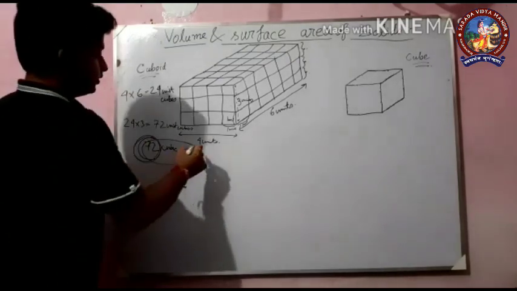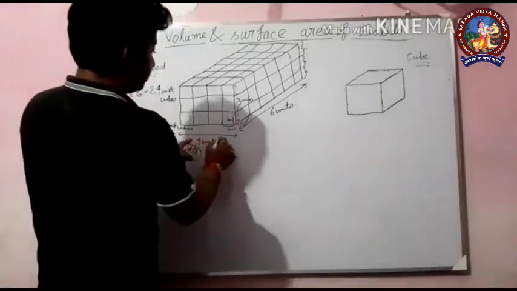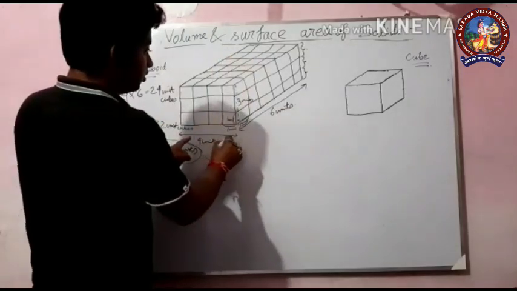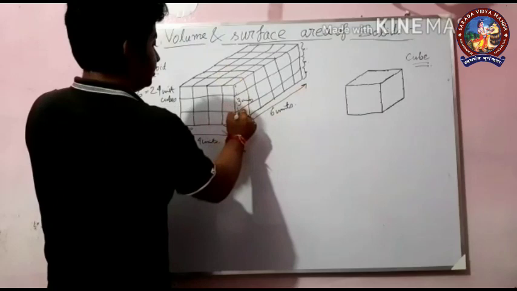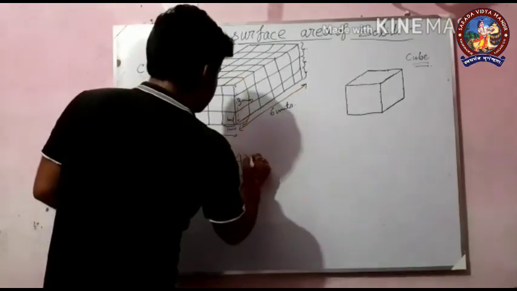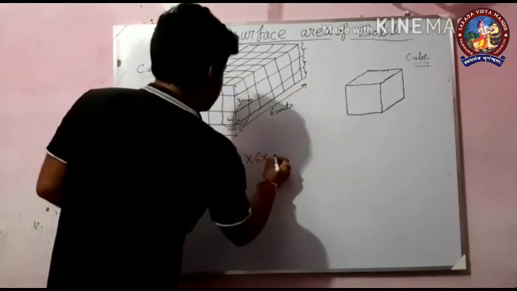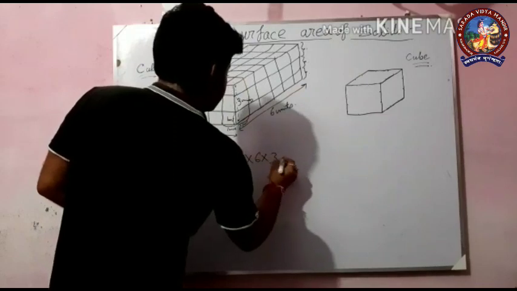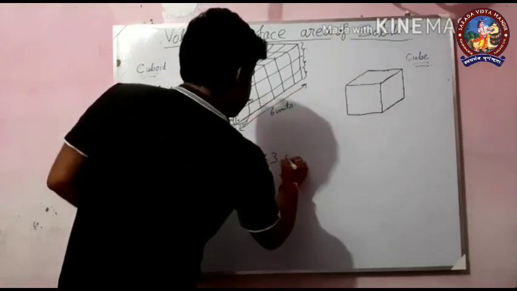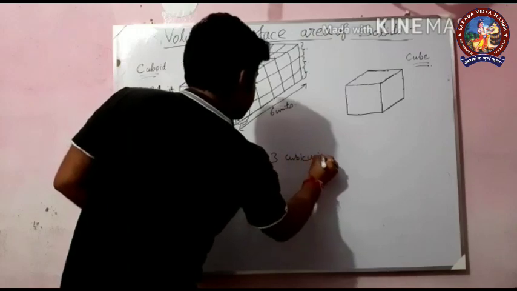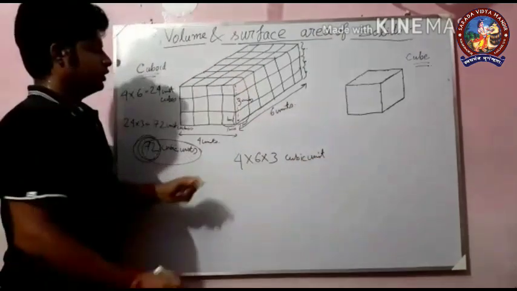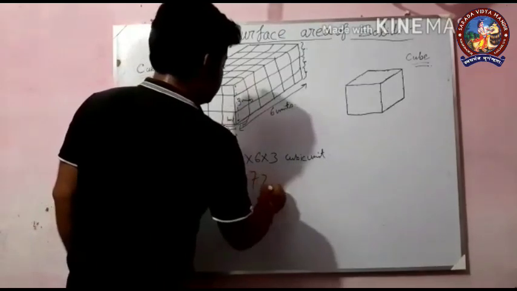See here, this is the length of the cuboid 4, this is the breadth 6, and this is the height 3 units. If I multiply 4 into 6 into 3, then we will get the number 72.